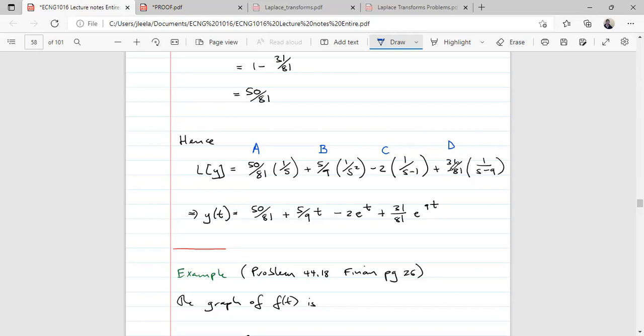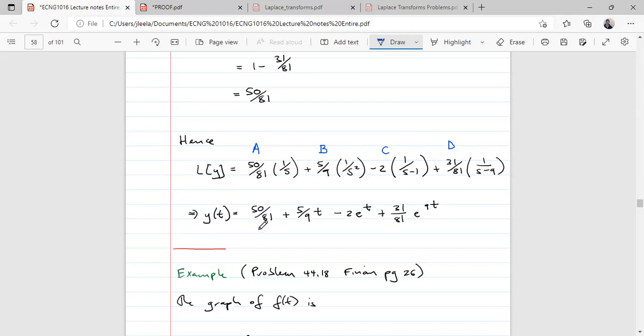So all you do is you factor out those constants. You have 1 over S, 1 over S squared, 1 over S minus 1, and 1 over S minus 9. And then if you take the Laplace of 1 over S, you'll get what? 1. So that will just give you 50 over 81.